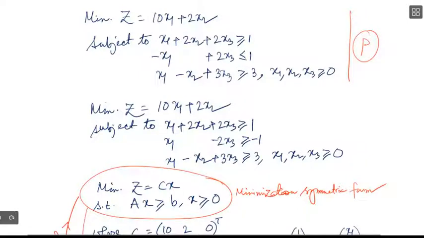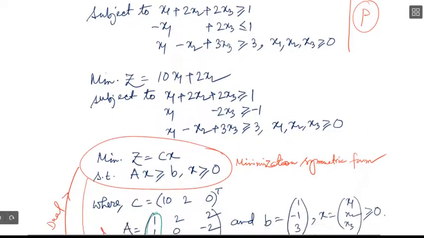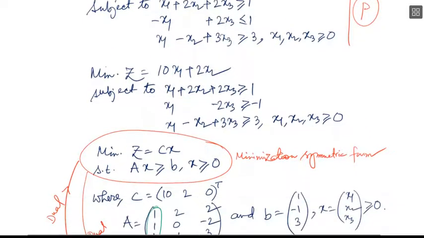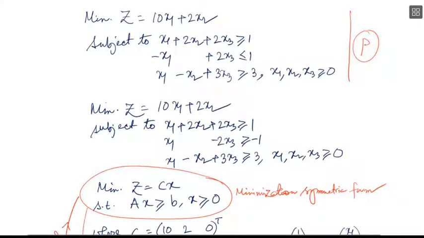So in the primal problem there were initially 3 variables and we have to introduce 5 more variables, so we will have 8 variables in total, and the primal problem can be written in standard form as what we will be writing now.